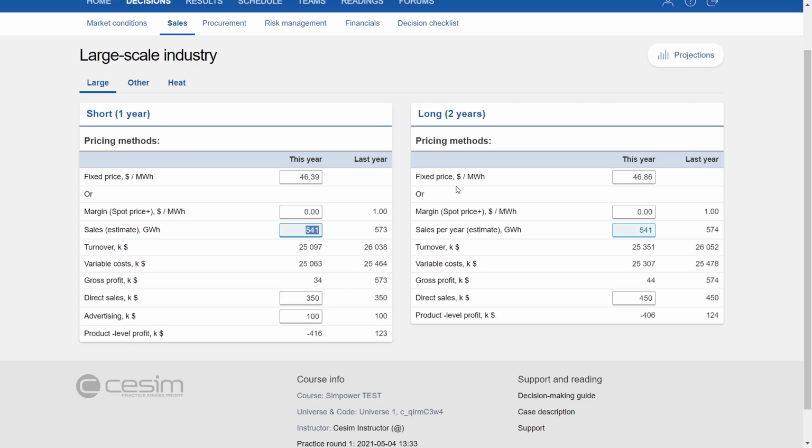Same kind of decisions we make for the long contract, except that here we don't have a separate advertising decision. At the bottom we can see the expected profit from each of these products. As we can see now, the product profit is negative, taking into consideration the costs and other factors. So we should probably revisit our pricing decisions.